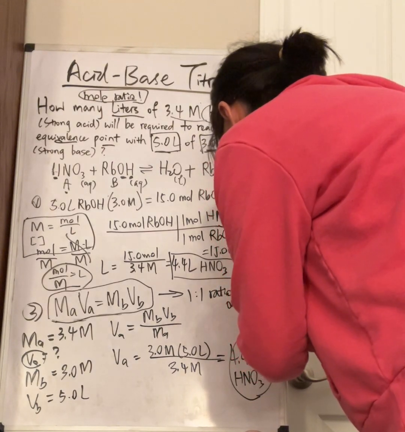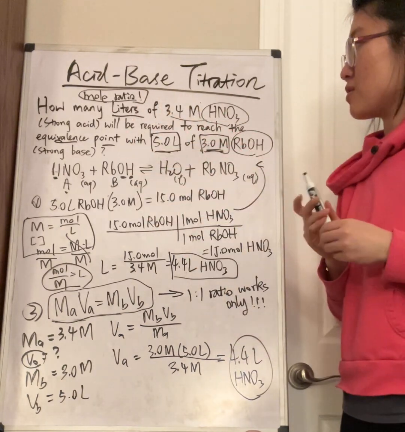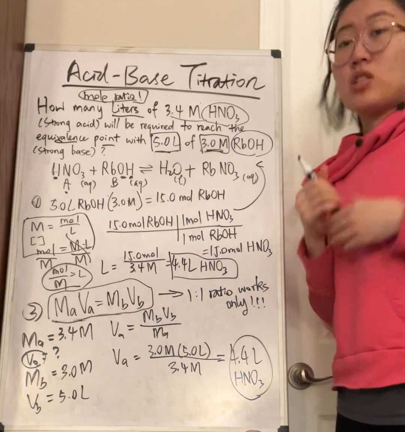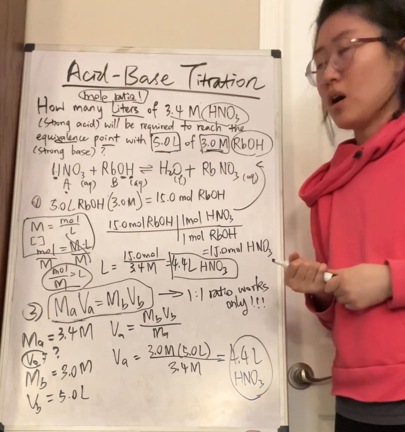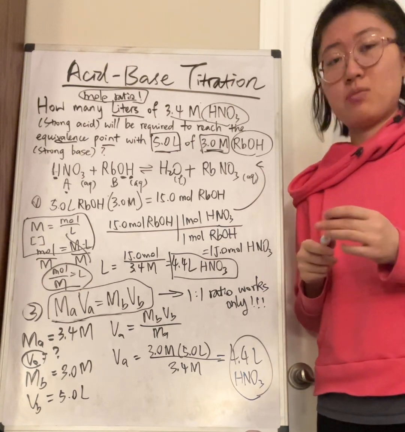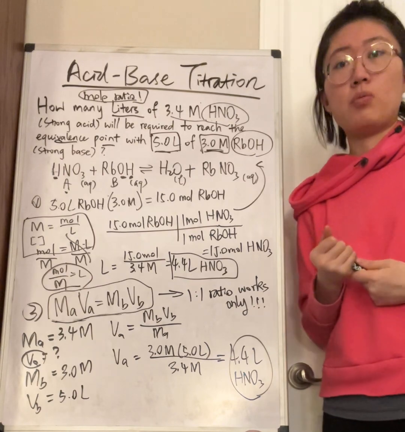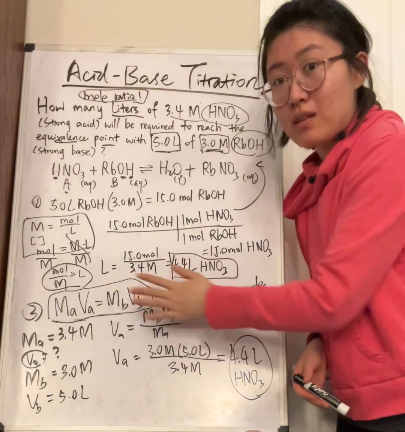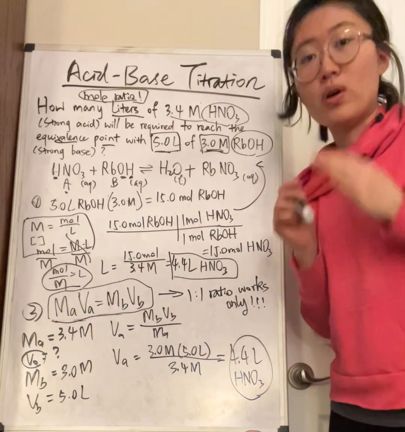Okay, so basically that's all for this video. This is a very typical acid-base titration problem that you will meet, probably in your first lesson on titration problems. And later on, I will probably post more problems where you can see that you cannot use the second method, because the coefficients, the mole ratio, is not 1-to-1.